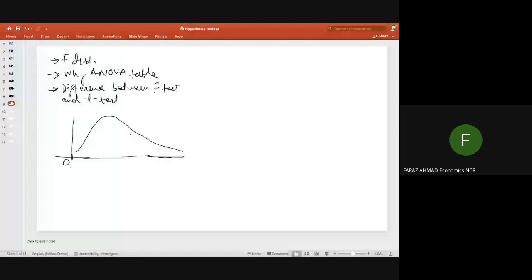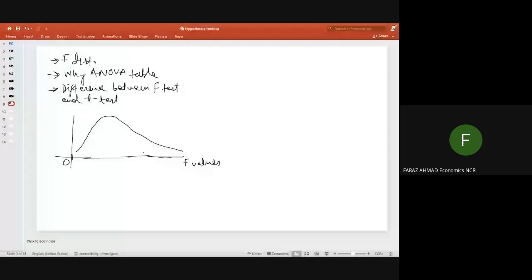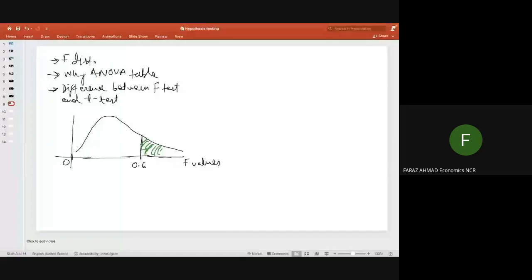All the values on the x-axis would divide the curve into two parts. For example, if I have this F value of 0.6, it would divide the whole distribution into two parts. One is going to be the area to the right of the value, and another is going to be the area to the left of the value. The area to the right of the value is nothing but the p-value.